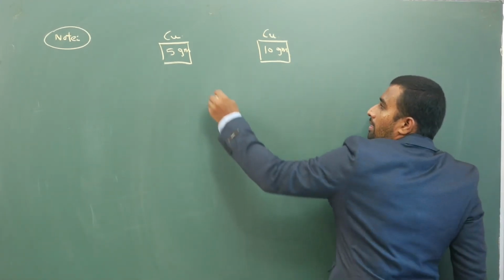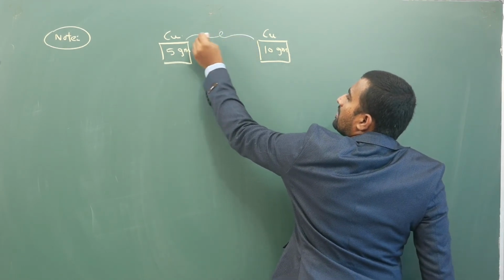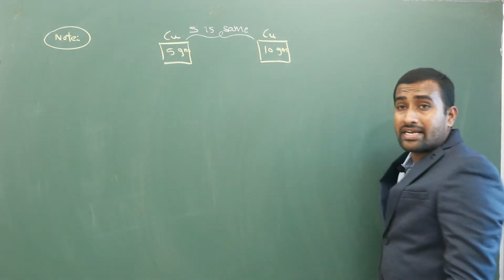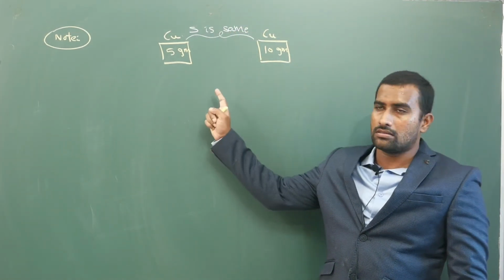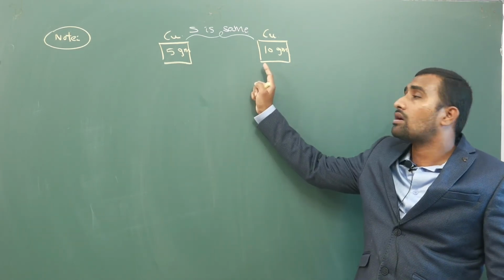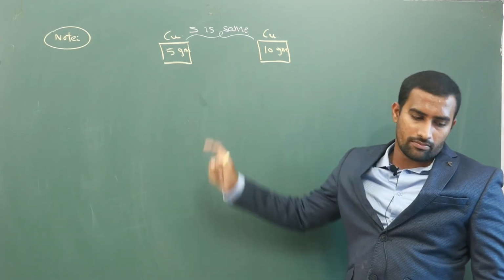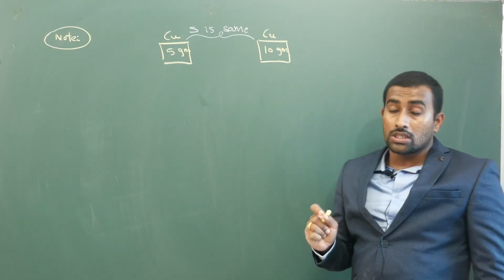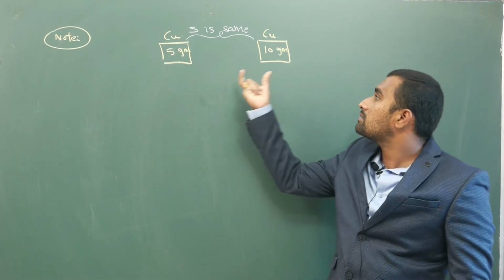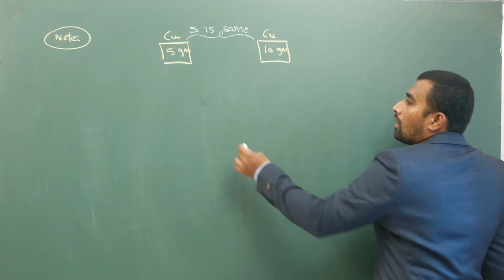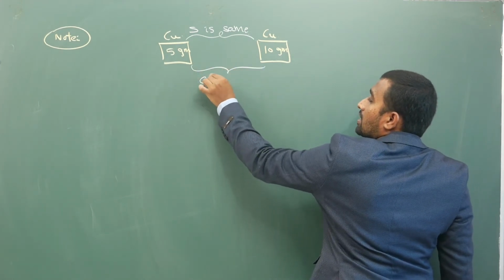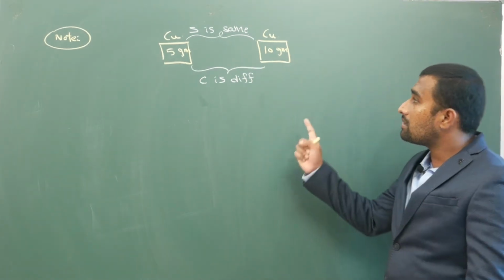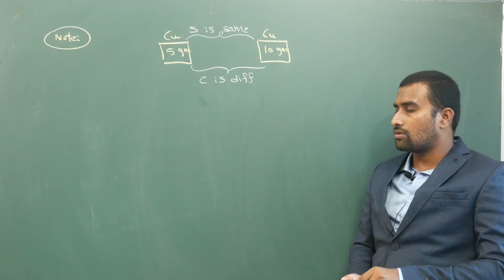Here S, the specific heat capacity, is the same. It is a property of the material; here it is copper, here also it is copper, so your S is the same. I have written heat capacity of substance. This substance is of 5 grams, this substance is of 10 grams. So obviously C will be different, but specific heat capacity S will be the same in this scenario.